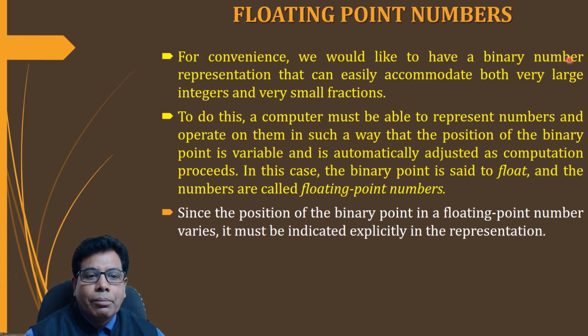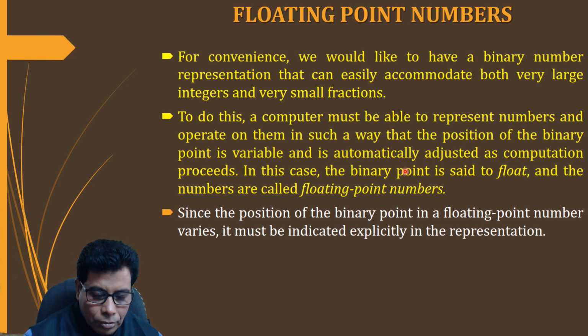In this case, the binary point is said to float and the numbers are called floating point numbers. So we are able to change the position of the binary point. That process is called normalization. After normalization, we can represent a large number and a small fraction with the help of floating point numbers.